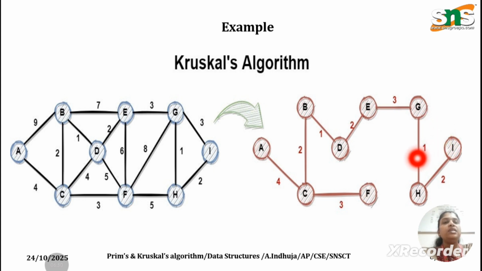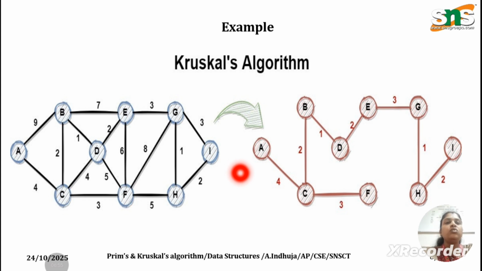So likewise, from the ascending order, the edges will be added into the output graph. Suppose the edge being added into the output forms a cycle, we'll neglect that edge and continue with the next edge. So this is the process which Kruskal's algorithm follows, but the output of Prim's algorithm and Kruskal's algorithm will be the same.